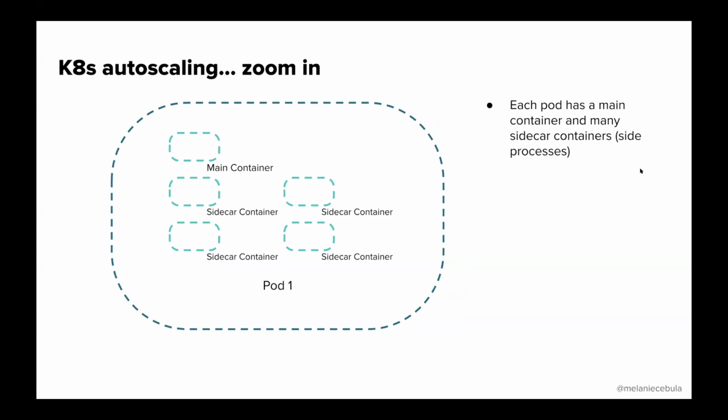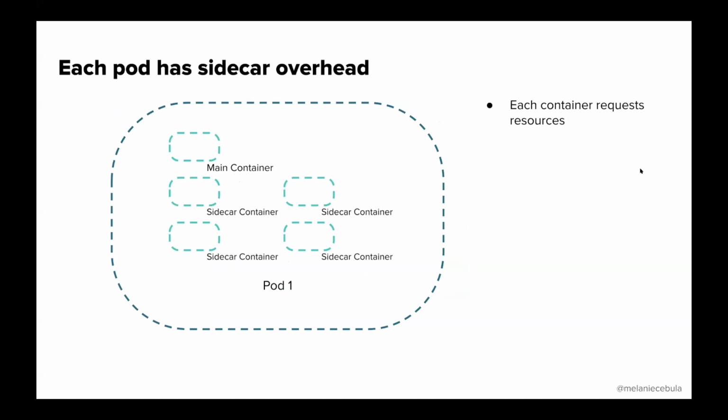But in order to really have everything fit together nicely, we actually have many sidecar containers or side processes. Sidecar containers are things like logging, any service mesh type logic, stats, metrics, any of these kinds of things. And each sidecar container requests and uses resources. They request CPU, memory, things like that.